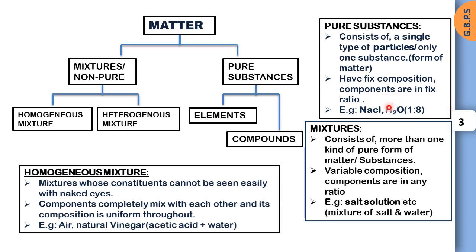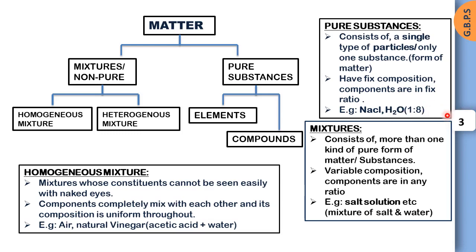Now come to water. Water consists of hydrogen and oxygen. Here the hydrogen and oxygen are in the ratio 1:8. I think this is new information to you. Anyway, if the ratio of hydrogen and oxygen changes to 1:9, though it is not possible, just take an assumption, then this 1:9 ratio of hydrogen and oxygen will not be called water.